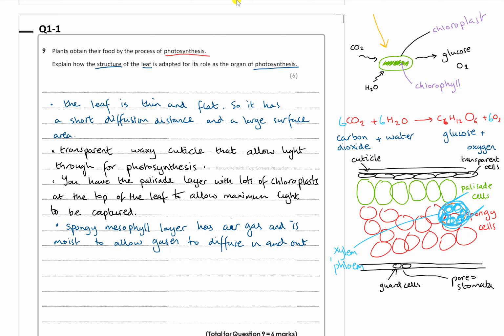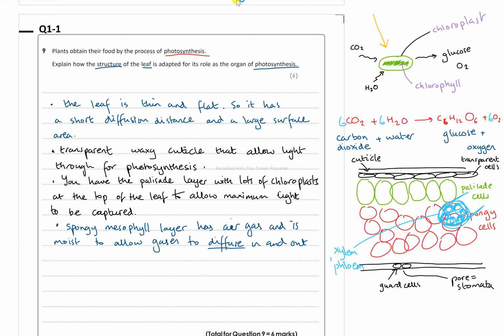Yeah, so the raw ingredients, for example CO2, and the products of photosynthesis, the O2, it can allow those to go in and out. So it can allow them to diffuse out.